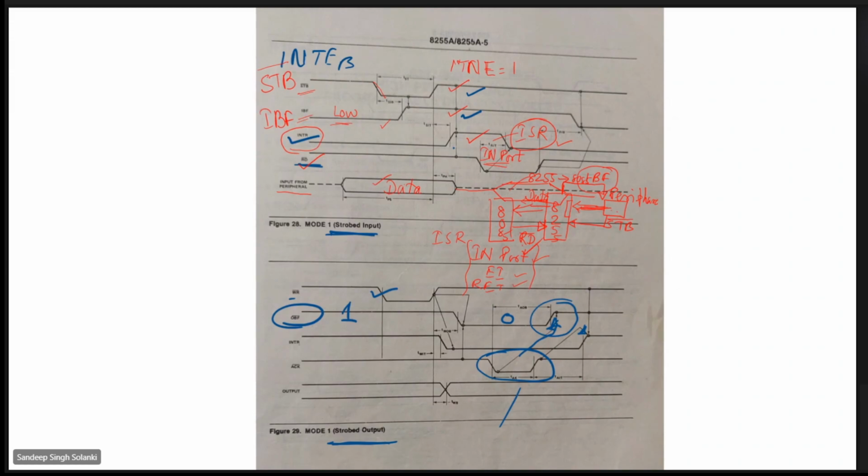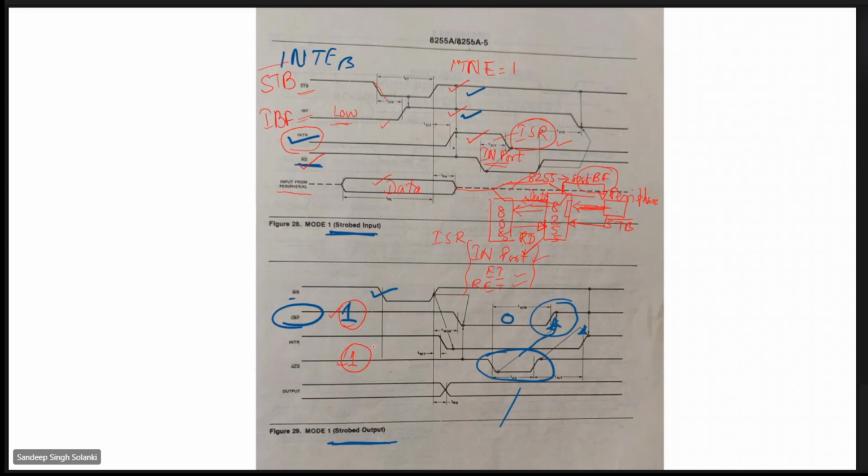Yes or no? Yes, sir. So what I am saying is that in this case, when we find that OBF is high, acknowledge is high, which is also high because it's active low, once those two are high, then only the INTR will be generated.